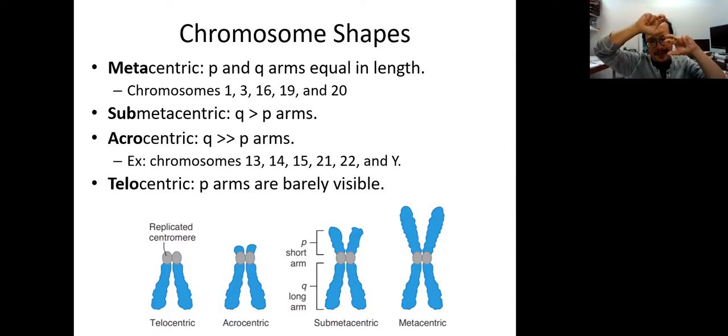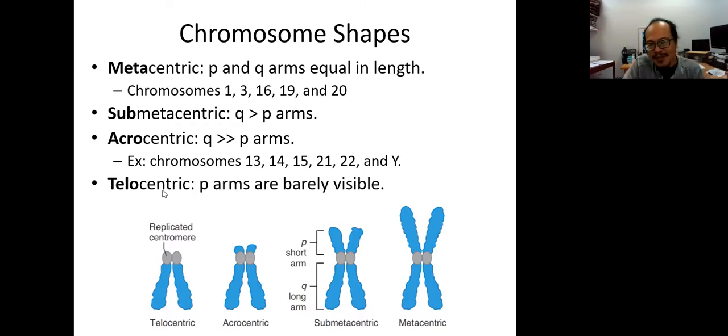If the P arm is shorter, but still substantially there, we call it a submetacentric chromosome. If the P arm is much shorter, then we call it an acrocentric chromosome, like this one here. It's still there, but it's very short. And if the P arm is barely visible, we call it a telocentric chromosome.